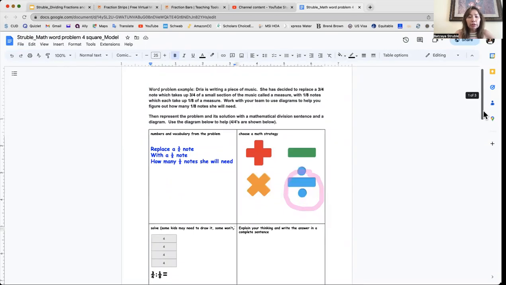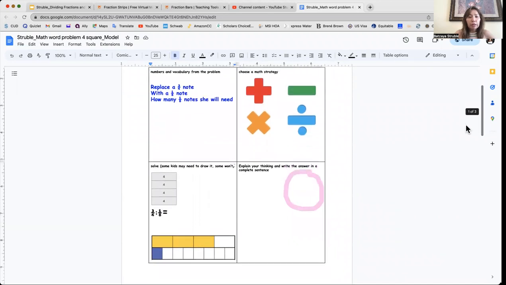So next box says solve the problem, right? So really the problem is we need to divide 3/4 by 1/8, and we're going to use our strategy, keep, switch, flip. So we're gonna keep the first fraction, 3/4, right? And then we're gonna switch division into multiplication, and then we're going to flip.